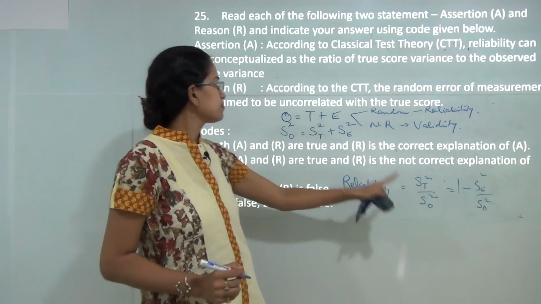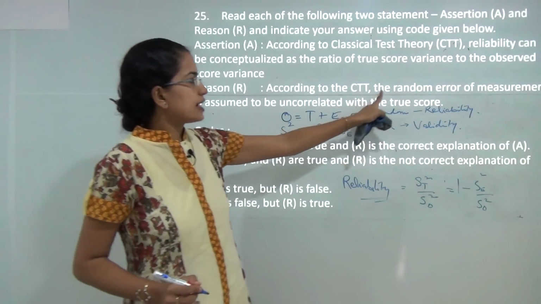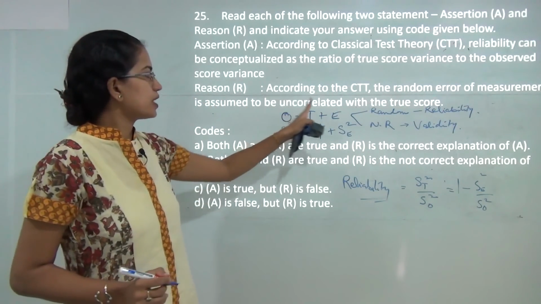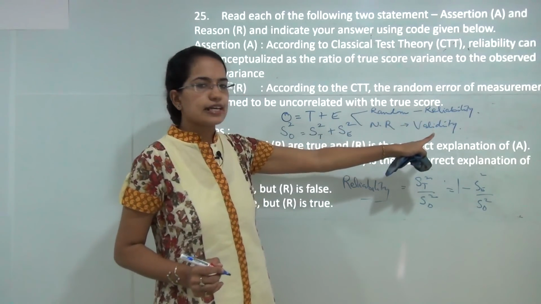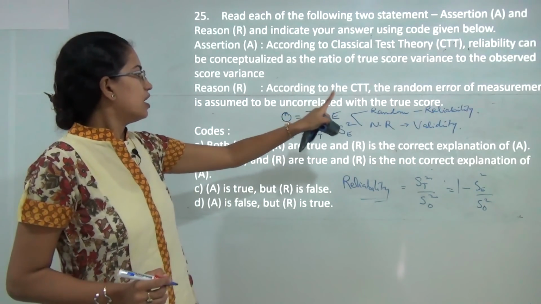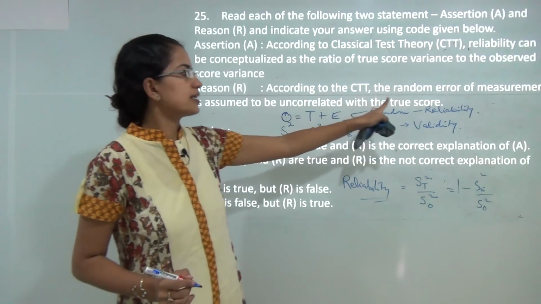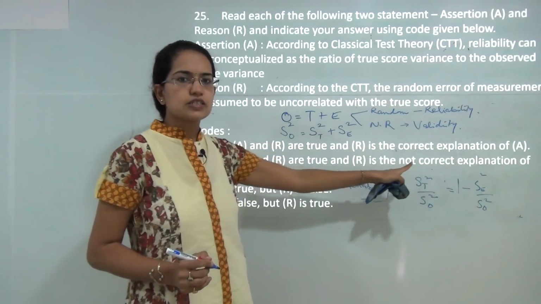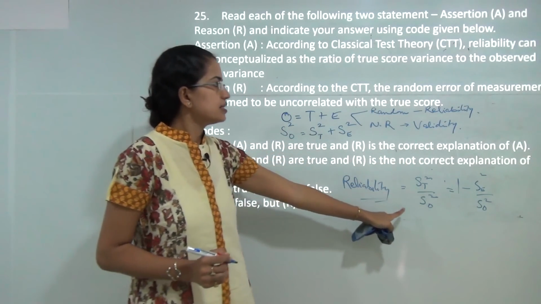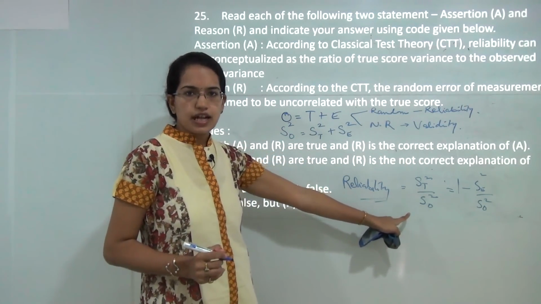That is very correct. Again, it says that the random error of the measurement is assumed to be uncorrelated with the true score, and that can happen only when the random error is uncorrelated with the true score, because once it is correlated, it would affect the result and there would be a change in the reliability score.